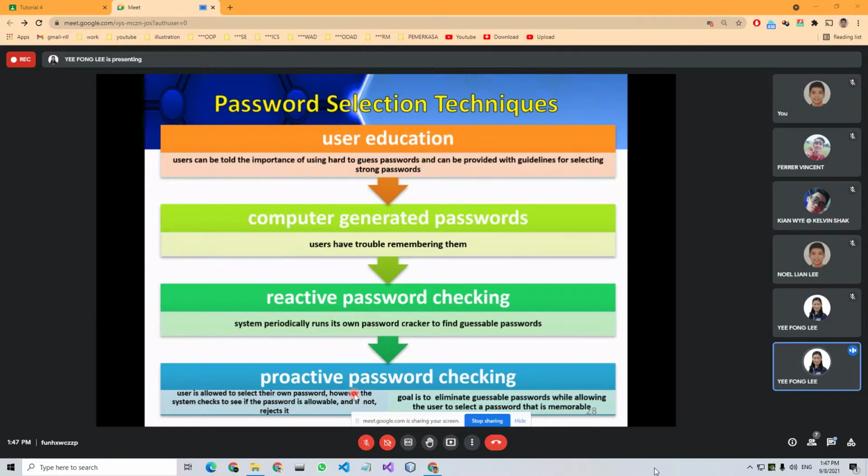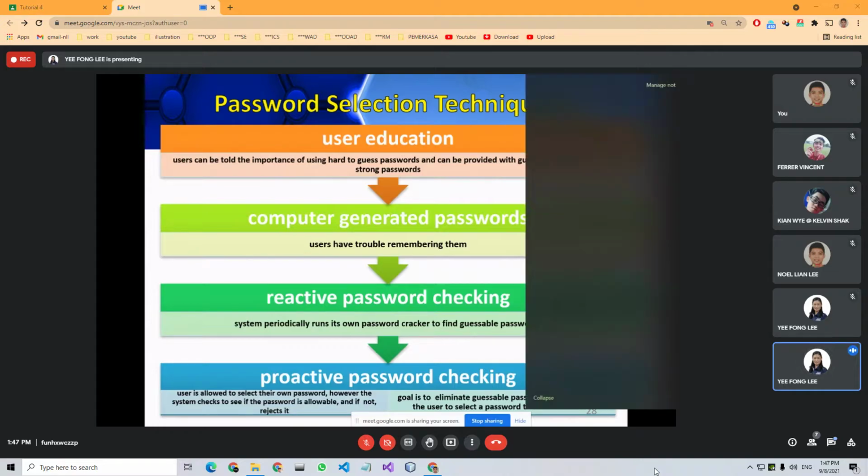However, at the time of selection, the system might check if the password is allowable. If not, it may reject it. The checker might be based on the philosophy of whether the password created is memorable, yet difficult enough to be guessed, and far from dictionary words.